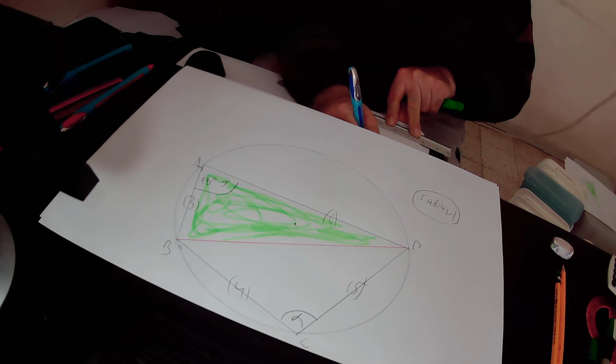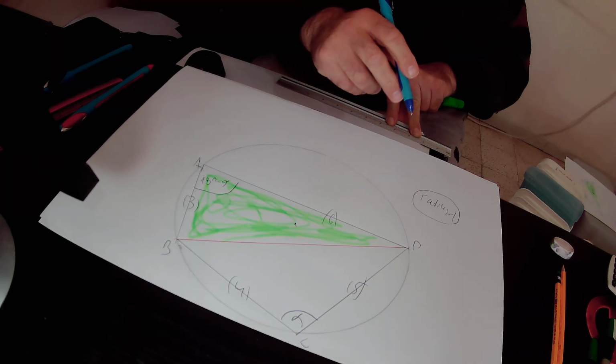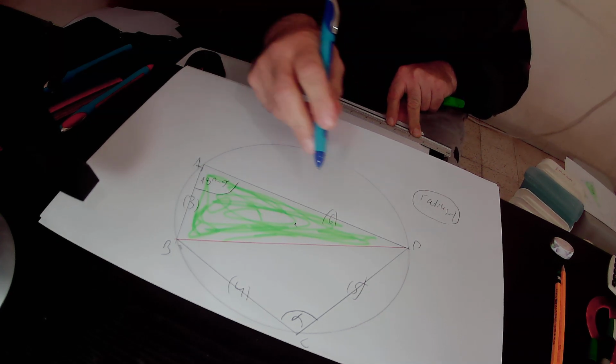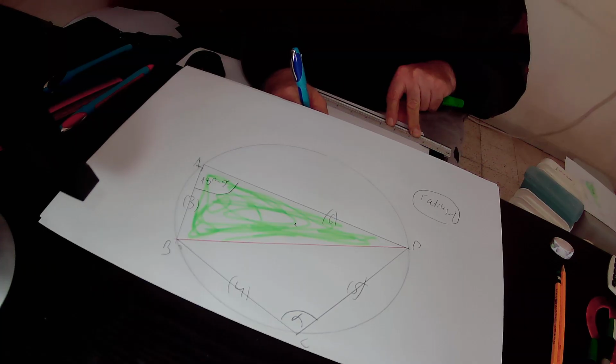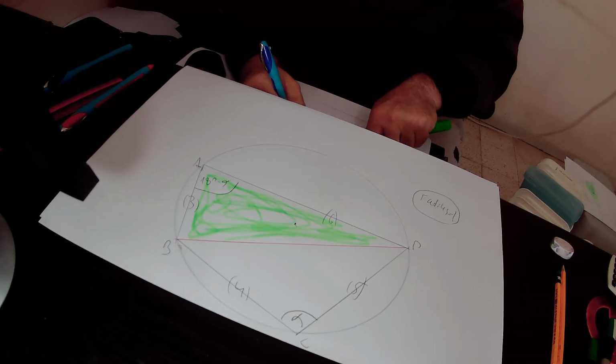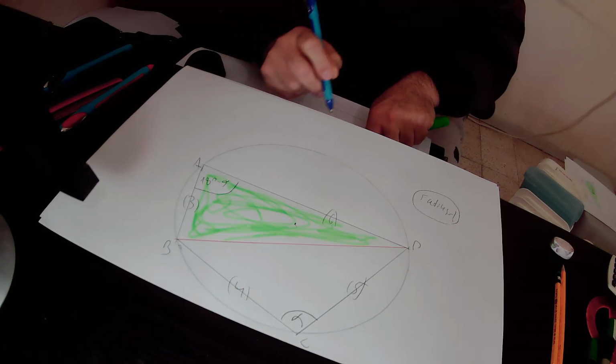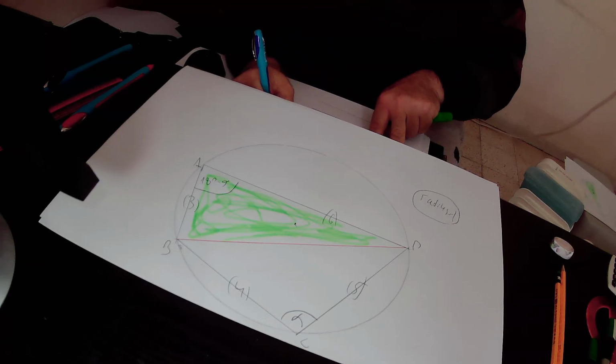BD square equals DC square plus BC square minus 2 times DC times BC times cosine alpha.